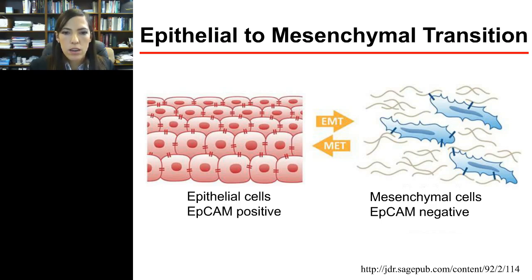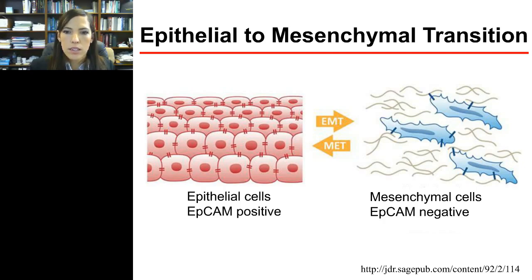However, it's thought that a process known as epithelial to mesenchymal transition occurs in cancer. This occurs not only in cancer, but also early on in development and also in wound healing. So these cells transition from this epithelial type cell to a more mesenchymal cell that's more elongated and more highly mobile.